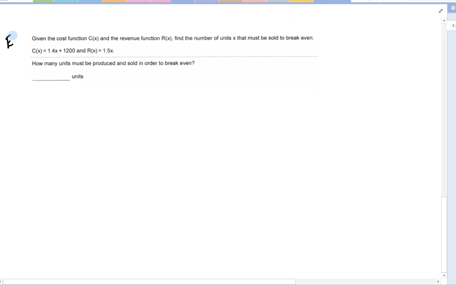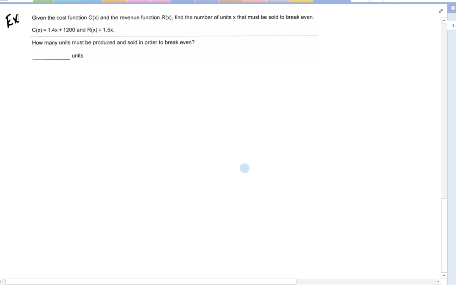Let's try this again. Here's another example. I have a cost function, but I will call it y is equal to 1.4x plus 1200. And I have a revenue function. I will also call it y equals 1.5x. X will be the number of units, and y will be the money.